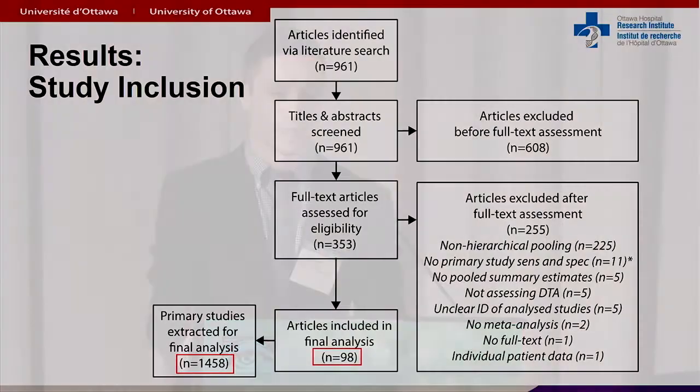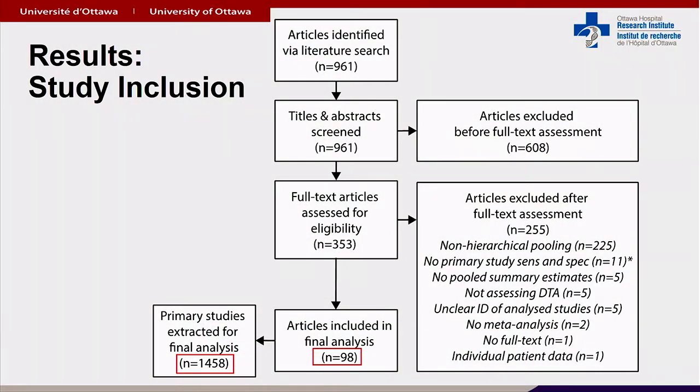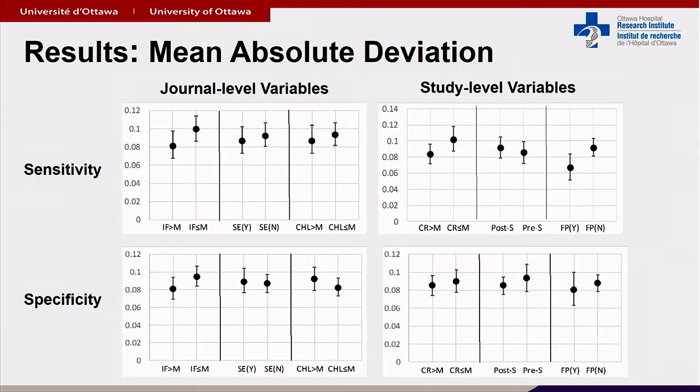As a result, each comparison had to yield a p-value less than 0.0041 to be considered significant. Overall, we screened 961 meta-analyses for possible inclusion. 98 of these met the inclusion criteria, which yielded 1,458 primary studies in the final analysis.